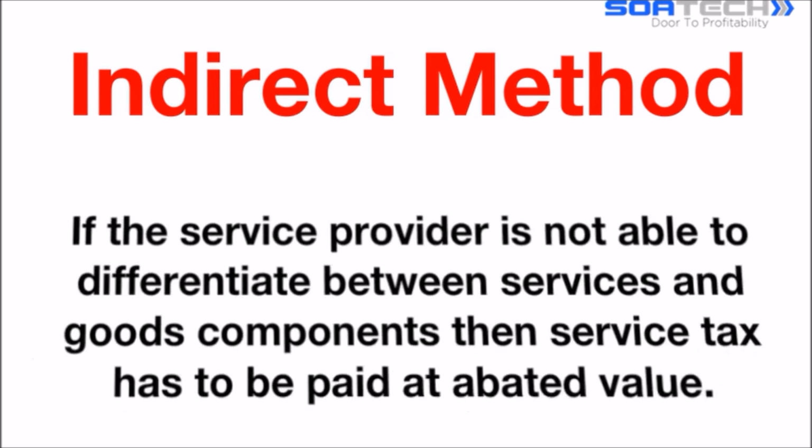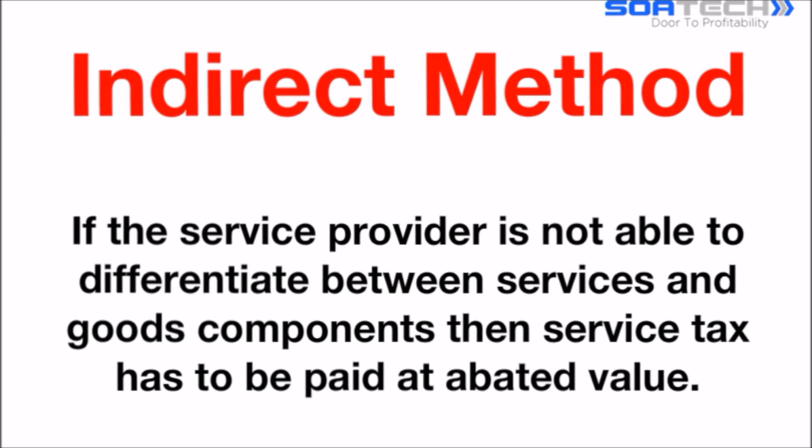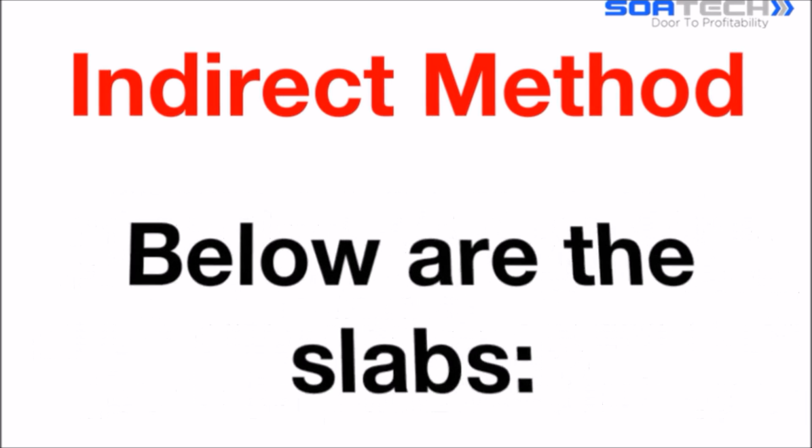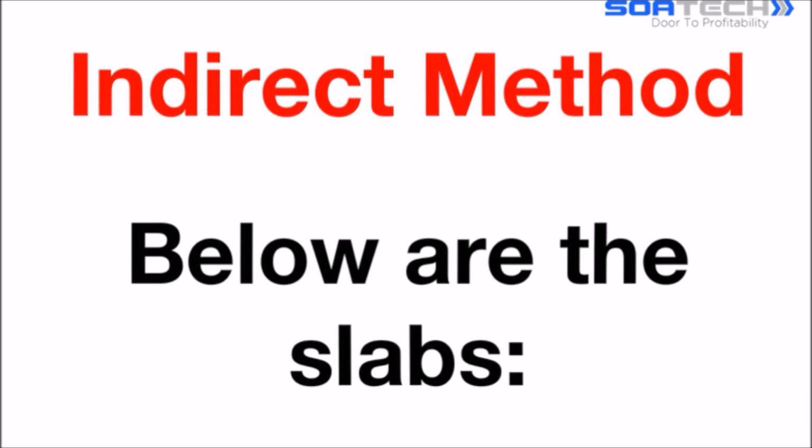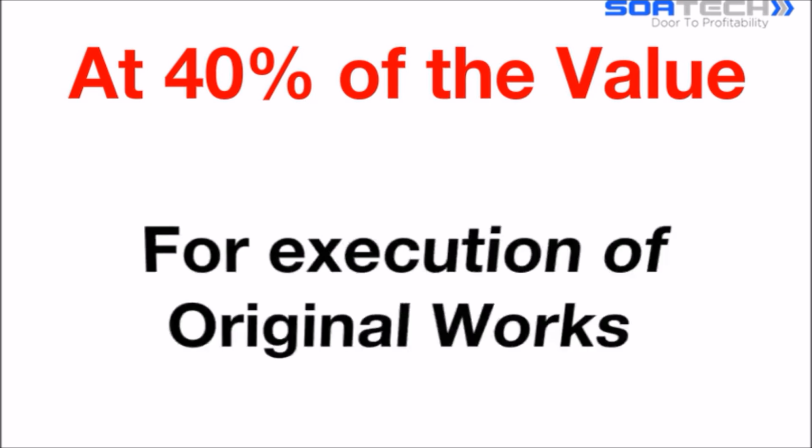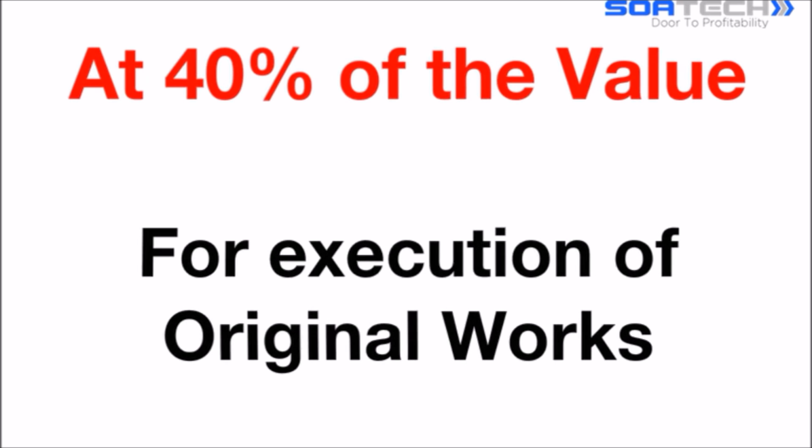Indirect method. If the service provider is not able to differentiate between services and goods components, then service tax has to be paid at abated value. Below are the slabs. At 40% of the value, for execution of original works.